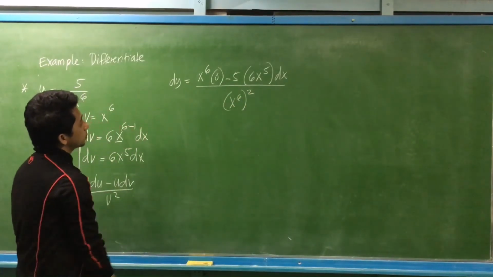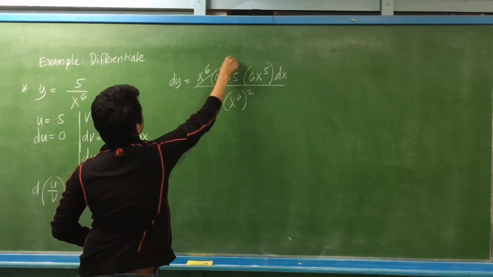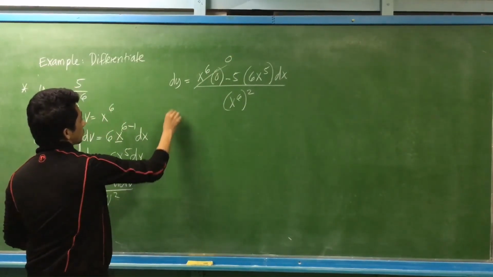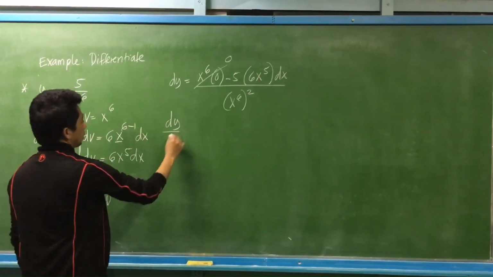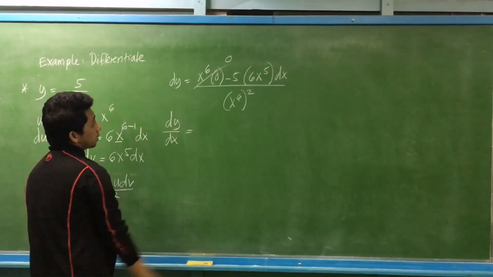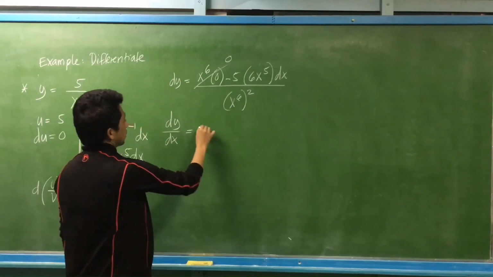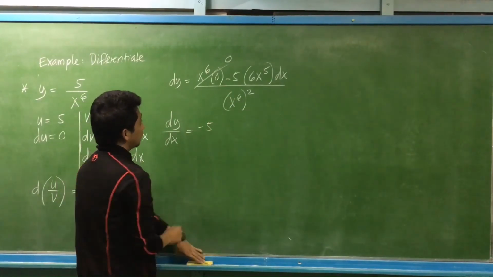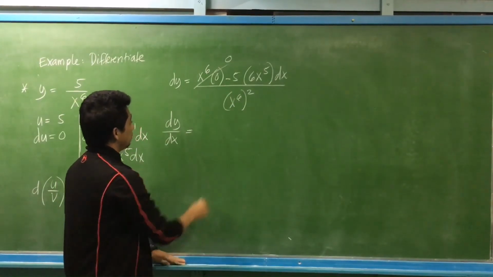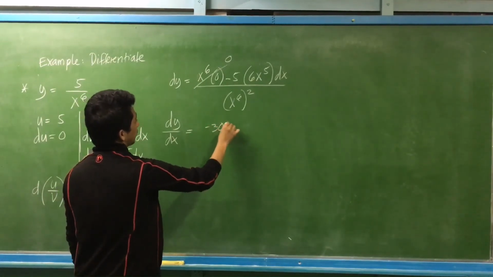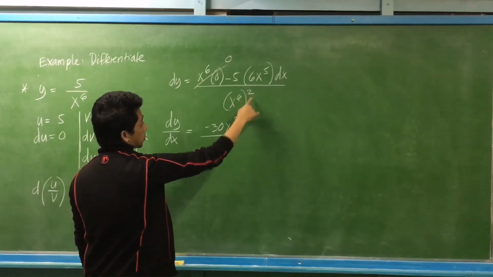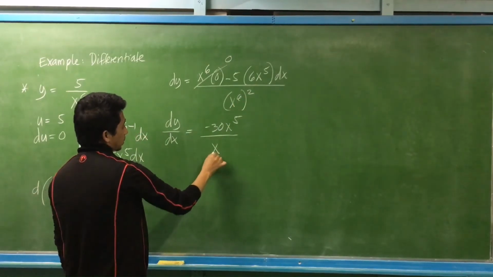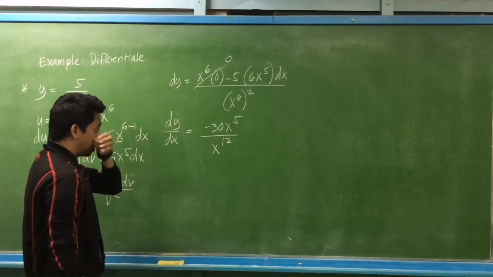Alright, if you simplify this, the first term is obviously 0. This is dy. We may divide both sides by dx. The remaining term is negative 5 times 6x raised to 5, which is negative 30x raised to 5, divided by x raised to 6 squared, which is x raised to 12.